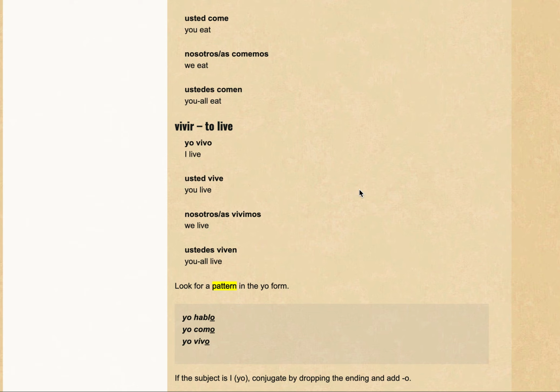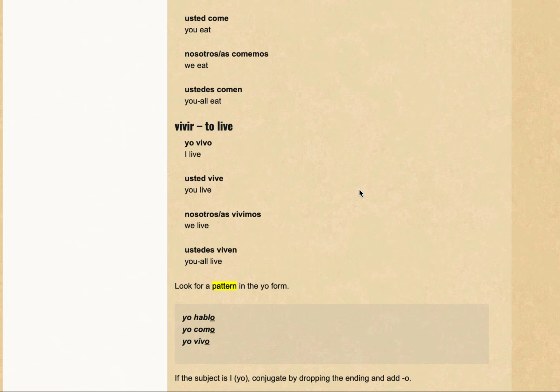And with usted, you would again remove the ending, and then you would add either an a or an e to it. An a would be for verbs which have the form of ar, like hablar. So in this case it would be usted habla.